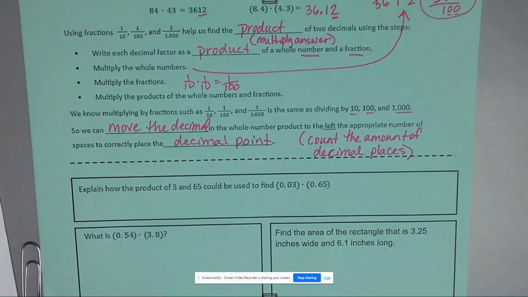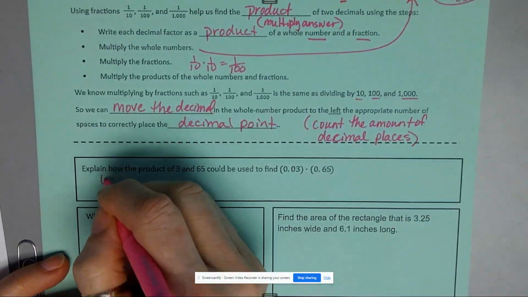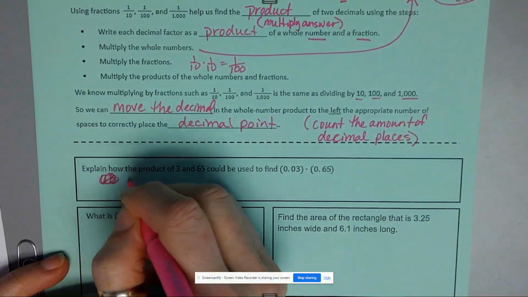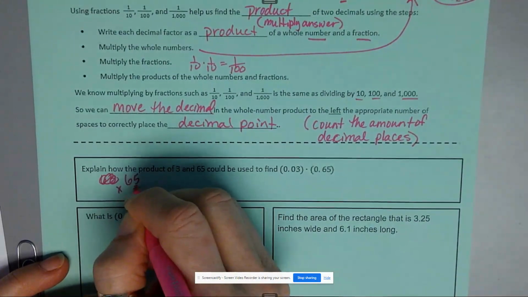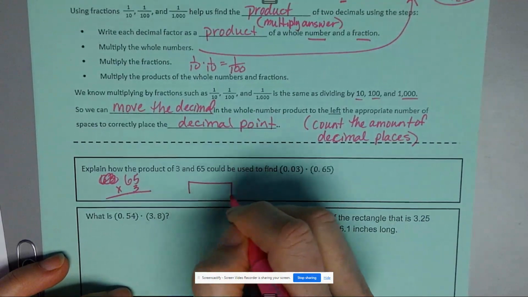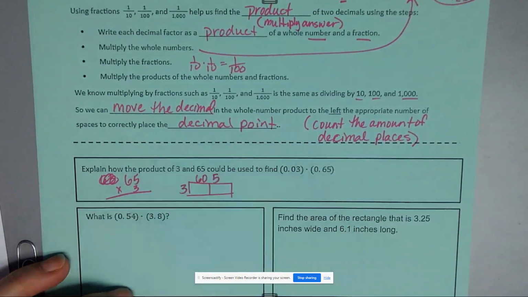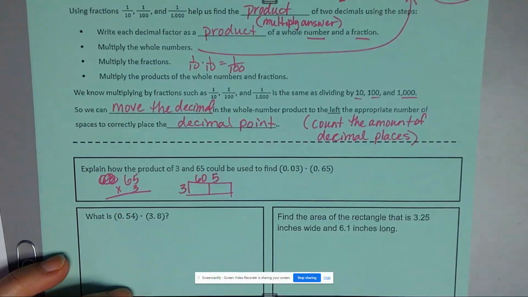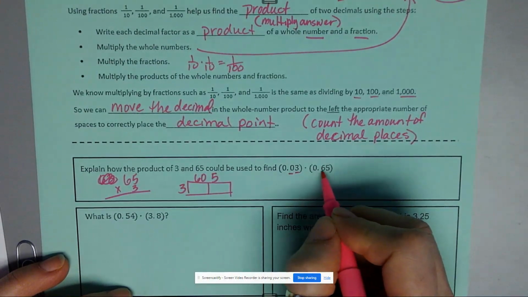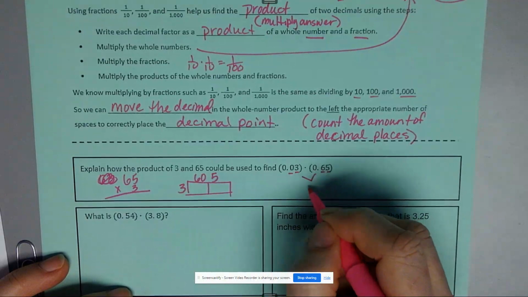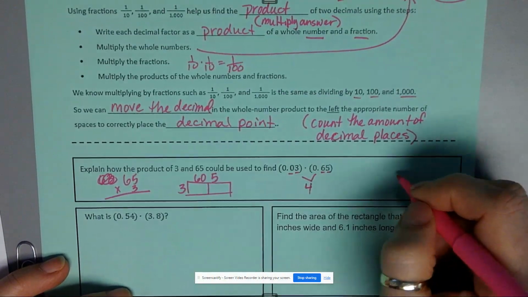Explain how the product of 3 and 65 could be used to find that answer. Well, first you do 65 times 3. Or you do your area model, 65 times 3. You get your answer, and then you count your place values. How many place values do I have? A total of 4 decimal place values.